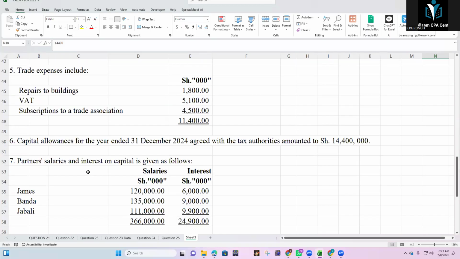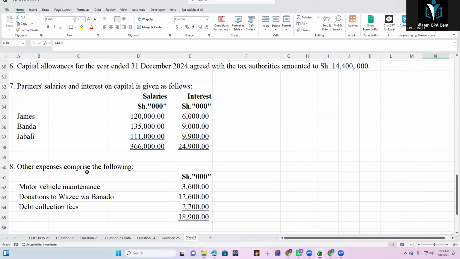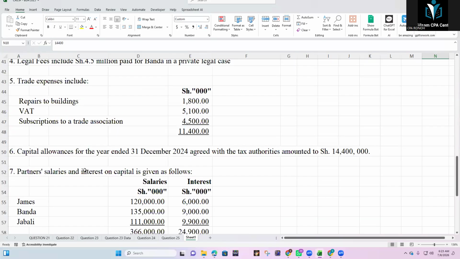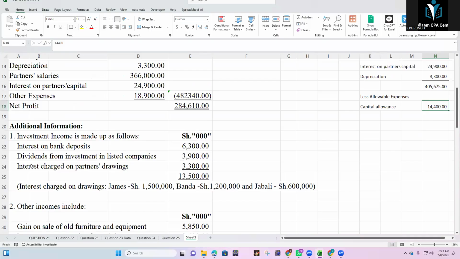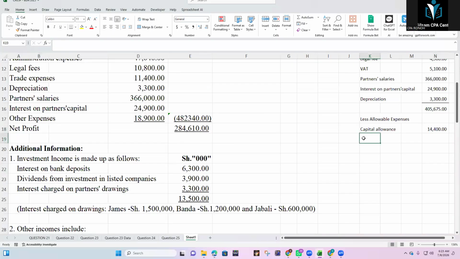Now we have another one which we have to deduct. We said the specific source of income. So we will have the bank interest deposits. We say we subtract and then we add back. So interest on bank deposit of that. Another one is dividend from listed companies.